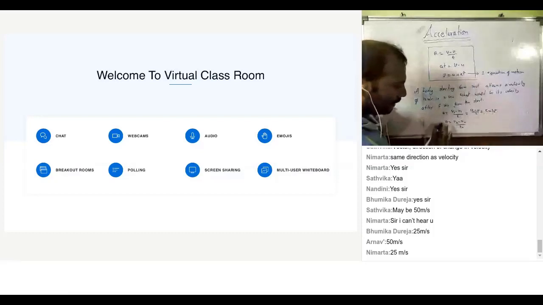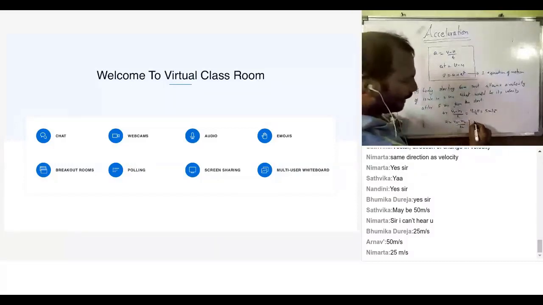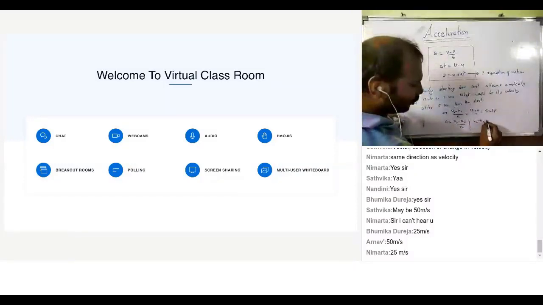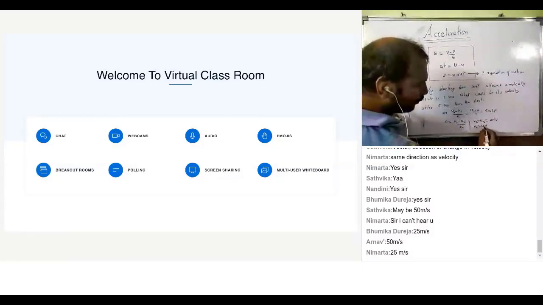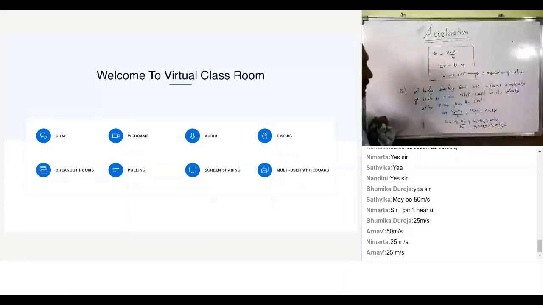Fine. Now I'll use the same thing. So what is acceleration? What is v2? I need to find v2. I can write v2 minus u2 equal to a into t2, so v2 equal to u2 plus a t2. So v2 equal to u2 is how much?